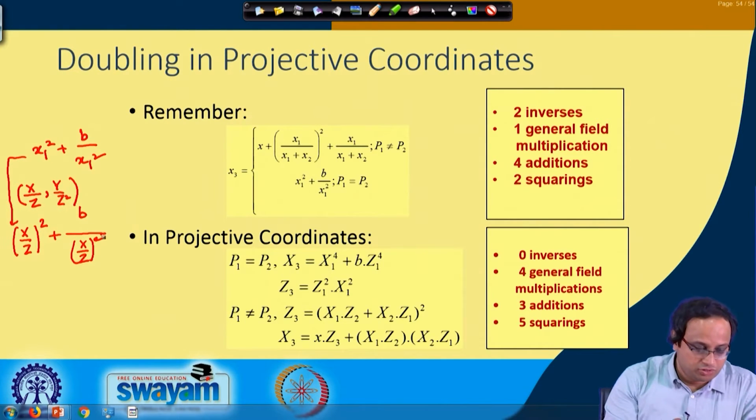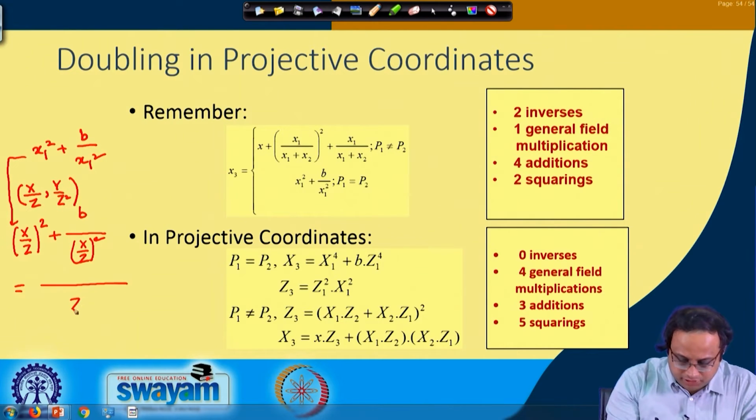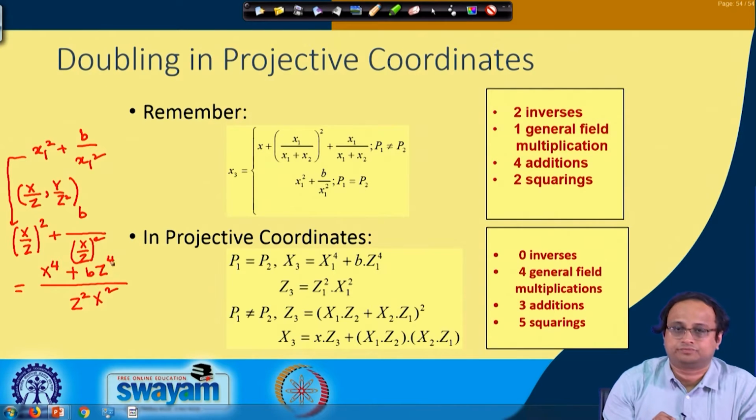That implies this is nothing but z square x square in the denominator, and the numerator is x to the power of 4 plus b z to the power of 4. So this is your corresponding result in the affine coordinates.